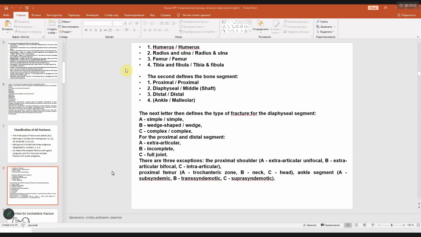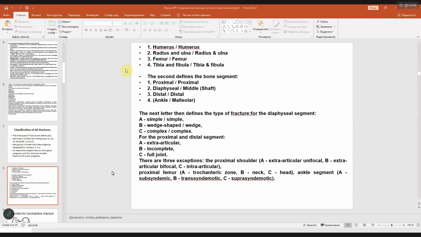There are three exceptions. The proximal shoulder: A, extra-articular unifocal, B, extra-articular bifocal, C, intra-articular. Proximal femur: A, trochanteric zone, B, neck, C, head.